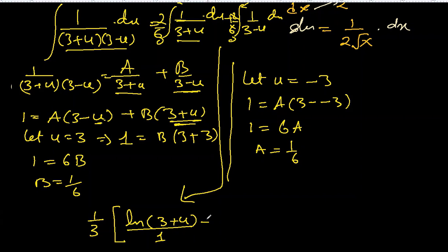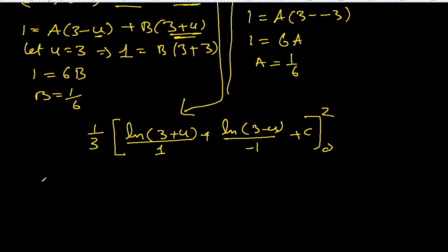Plus ln of 3 minus u this time, and the differentiation of 3 minus u will be minus 1, isn't it? 3 differentiates to 0, minus u is minus 1. Plus c, and we have limits from 0 to 2.